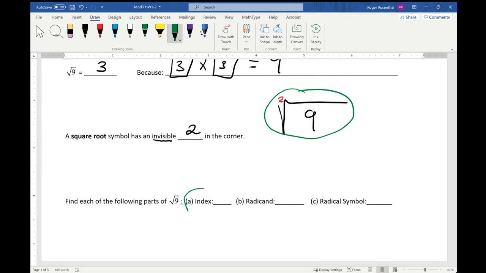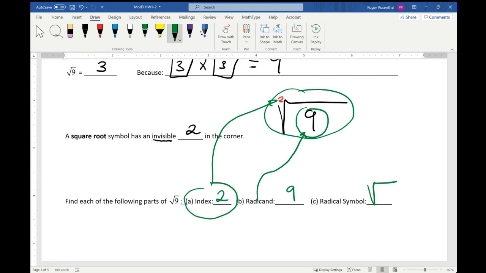The index is the 2. The radicand is the thing inside of the radical, so in this case it's 9, and the radical symbol is that. In other words, the square root of 9 has a radical symbol with a radicand of 9 and an index of 2.